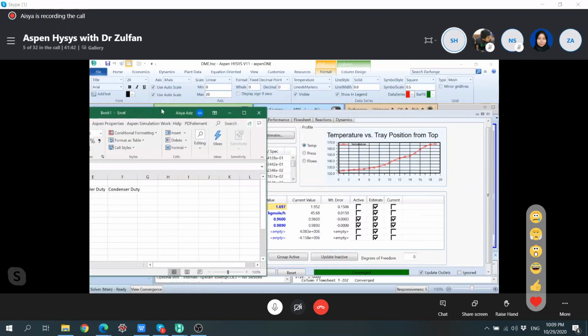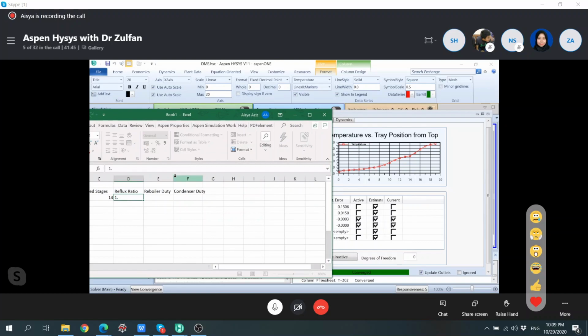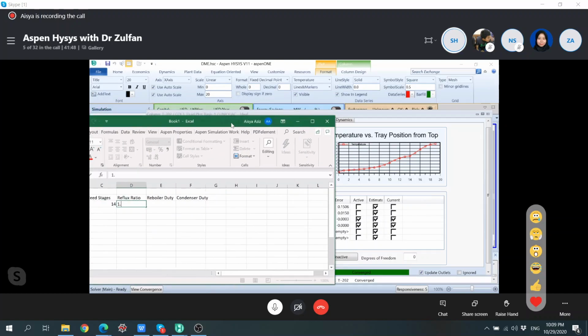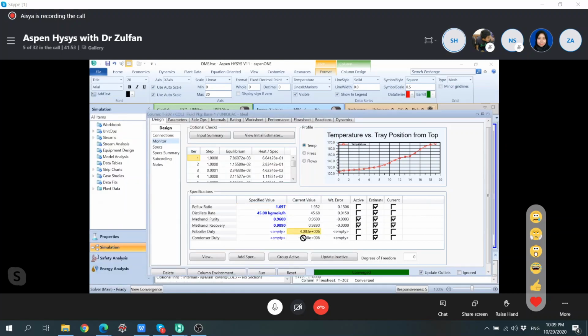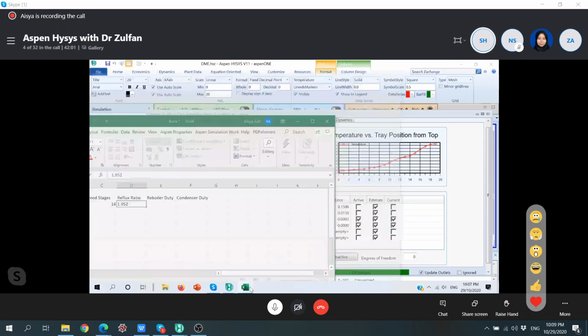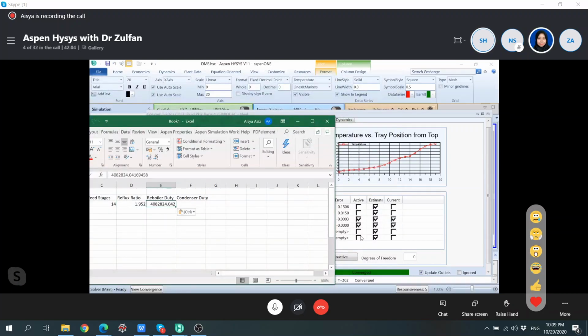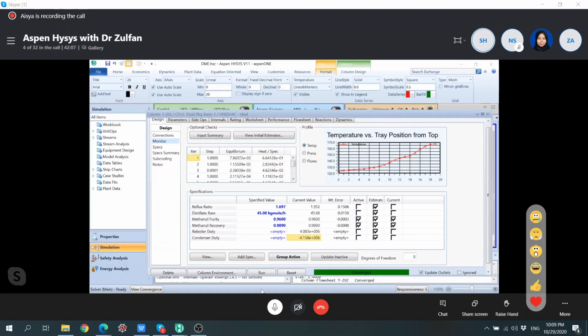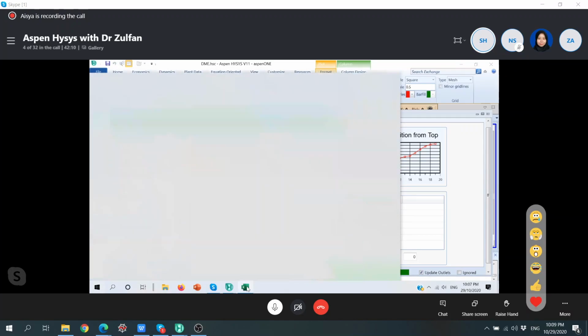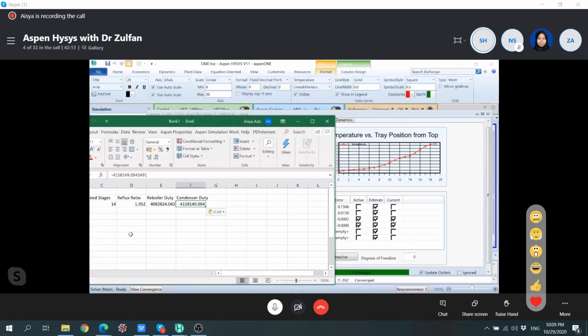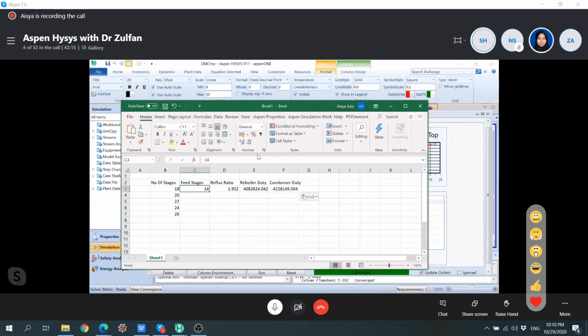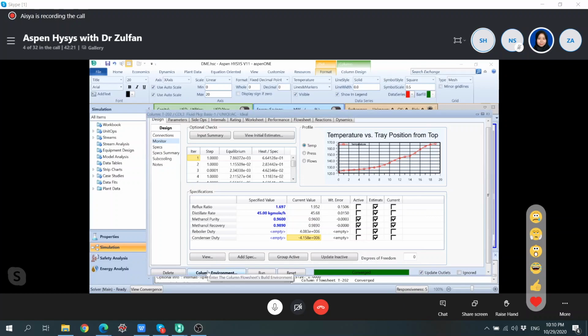You can put everything, it is now 14, and then for the feed stages, now it's 19. The number of stages is 19, right?